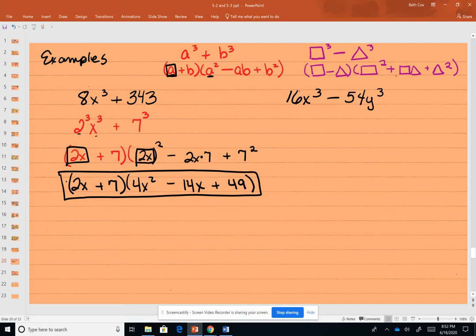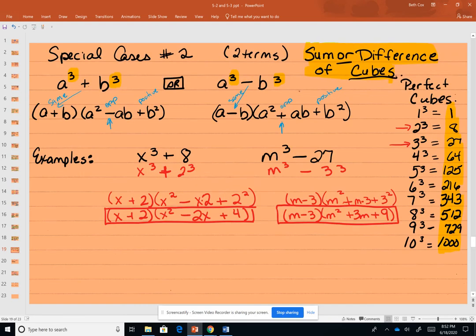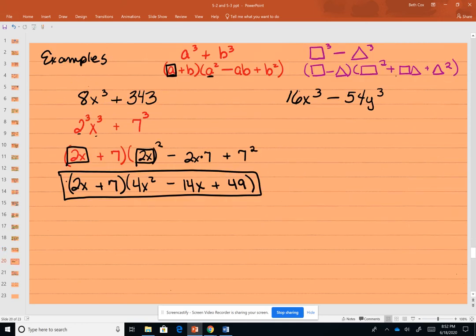So let's look at 16x to the third minus 54y to the third. I go to my list, and 16's not in my list. Let me look again. Nope, 16's not in my list. Neither is 54. So what do I do? What is the first thing we're supposed to do that we hadn't done in a while?